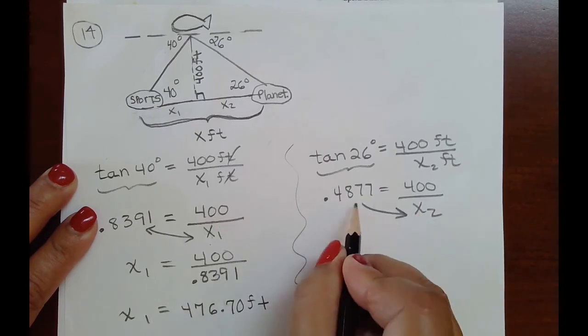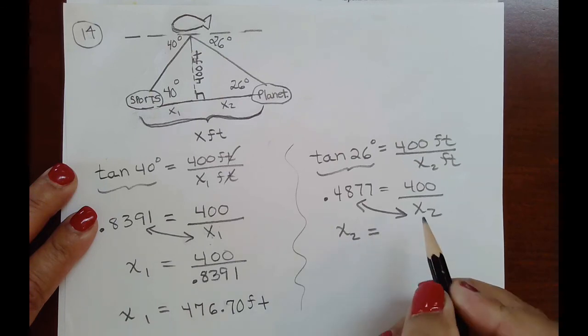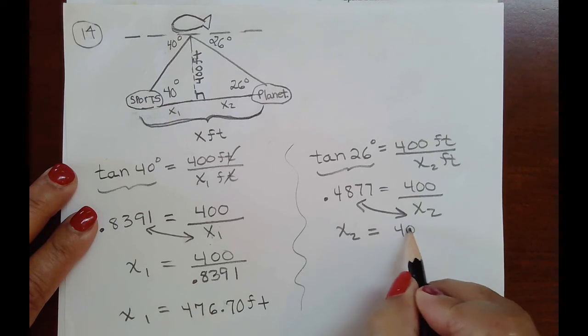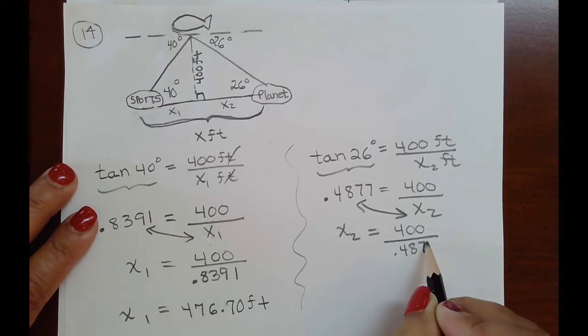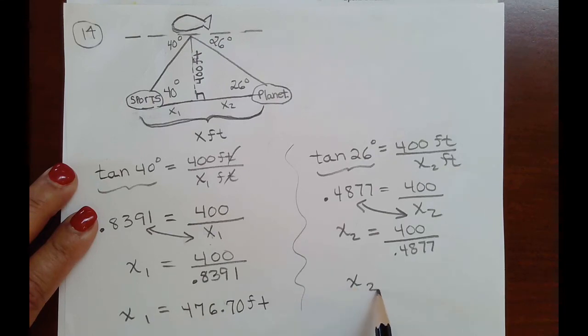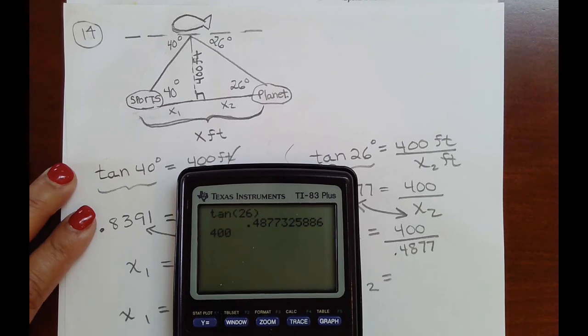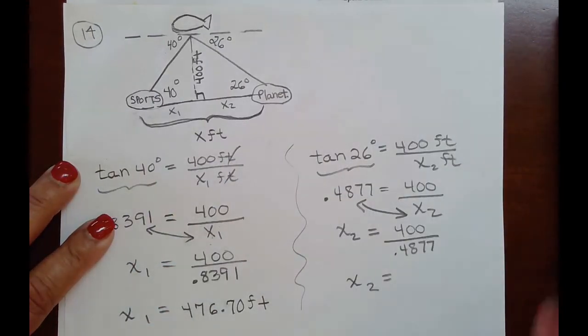We need to switch these two, getting the x2 up there at numerator level, and the 0.4877 takes its place. So x2 is 400 divided by the answer that's still there, 820.12.